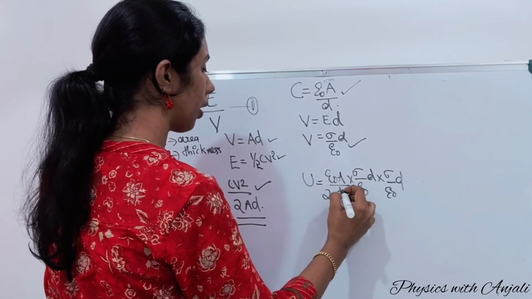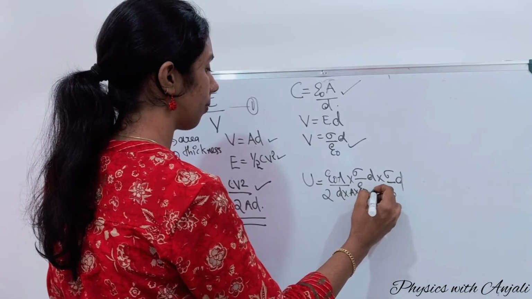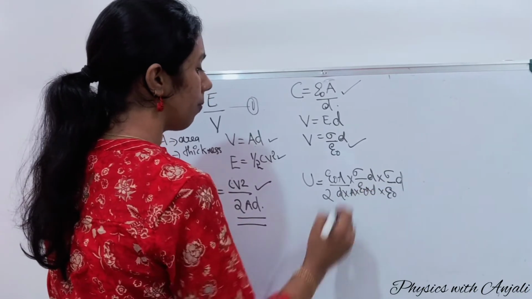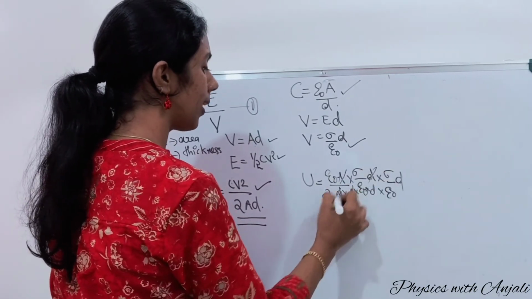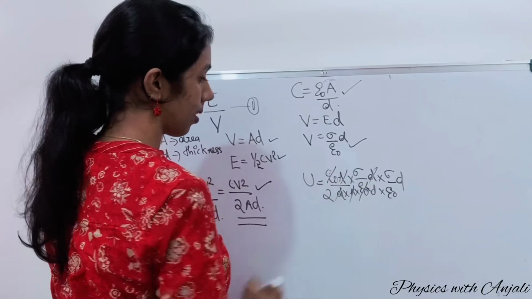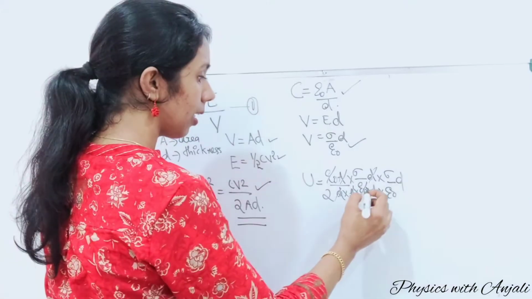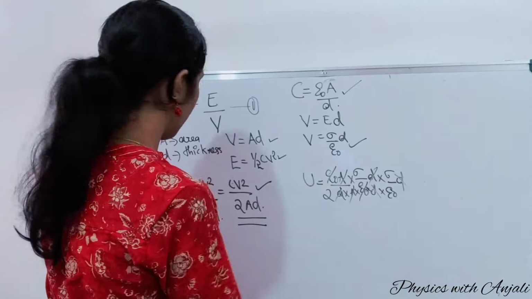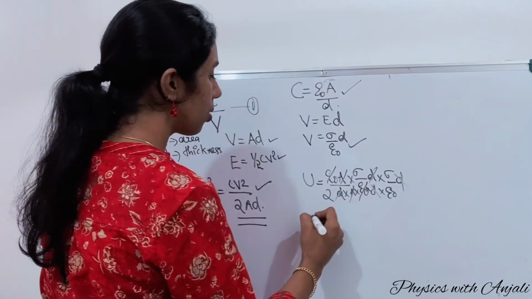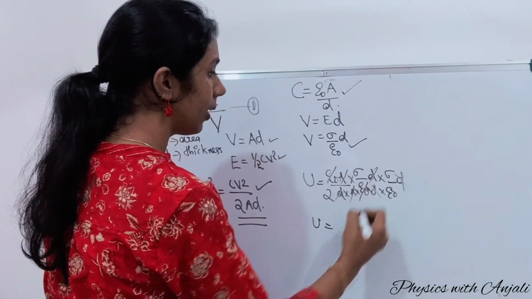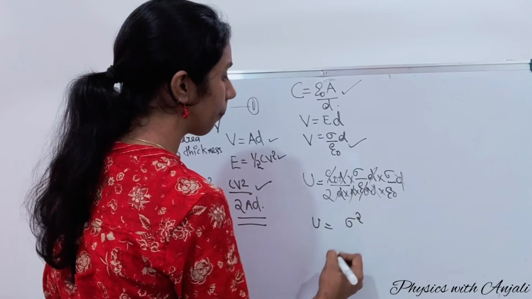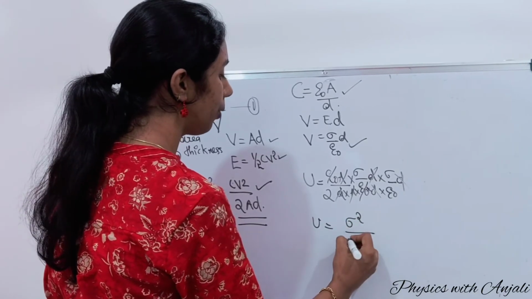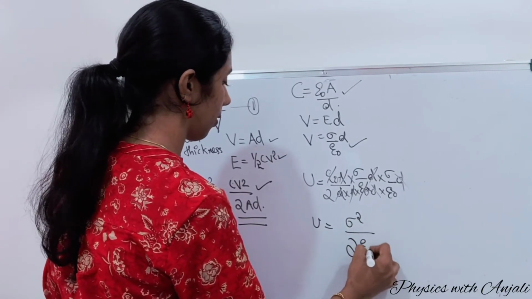So 2A into D. Where A cancels, one D cancels, epsilon 0 cancels. So again, there is a D, D cancels. So U is equal to, in the numerator there is sigma square, divided by, in the denominator there is 2 epsilon 0.